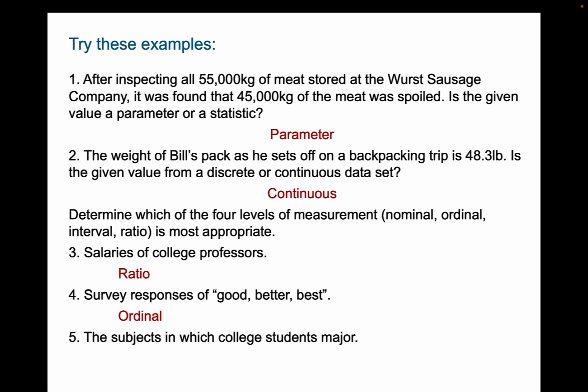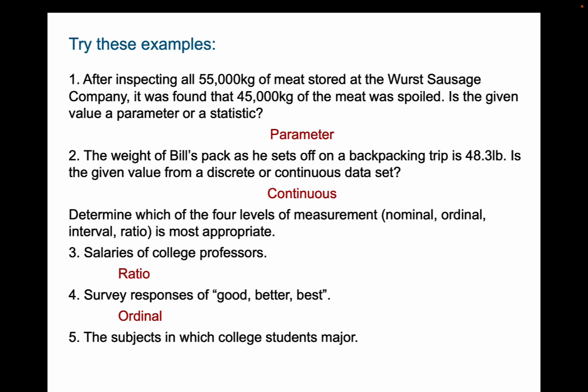What if we ask them to rate the movie between 0 and 10, and I rate it 7 and you rate it 8? Then we could measure. That would bring us up to interval level data. But survey responses like good, better, best, are ordinal level data.